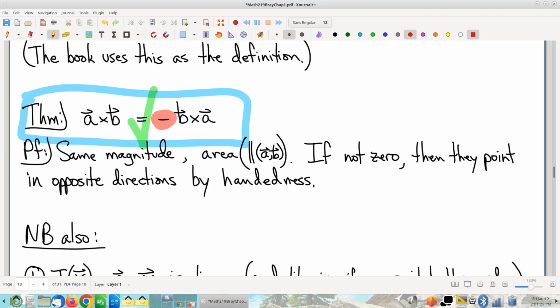And by the way, a pretty good hand-waving satisfaction on this is, remember the right-hand rule: first vector, second vector, thumb points in the direction of the cross product. If I switch the order of these two vectors, I have to maintain this same hand gesture, but I want to point my index finger where my middle finger is and my middle finger where my index finger is. And notice, in order to do that, I have to flip my hand literally upside down.